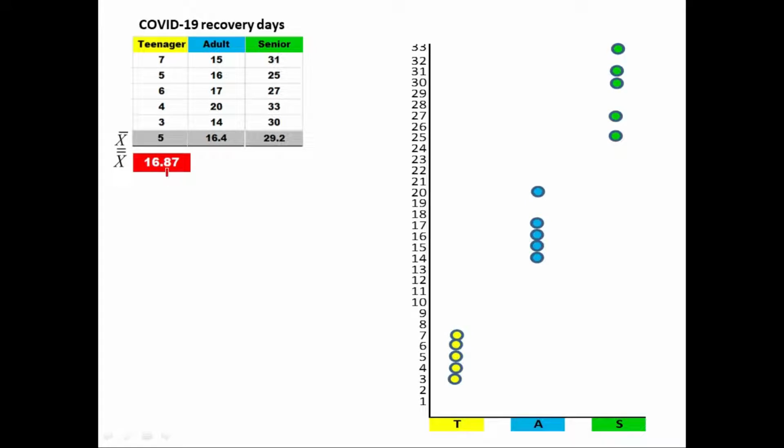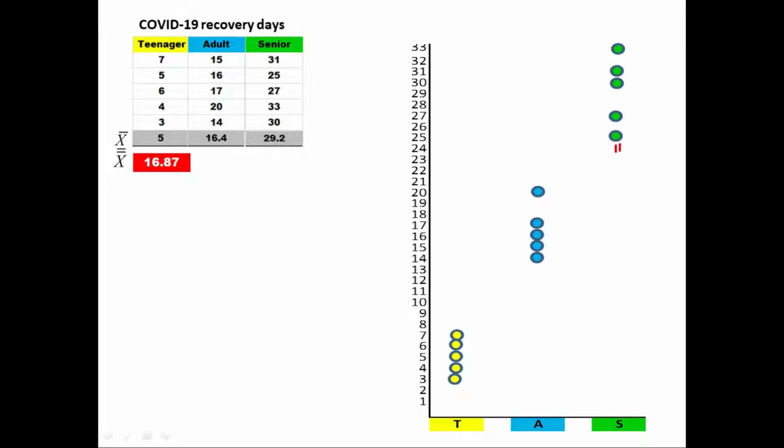Next, to understand, we can use this graphics to see where the data are located, and also where are the means located. Okay, so the yellow one is the data for teenager groups, the blue one is the data for adults groups, and the green one is the data for senior groups.